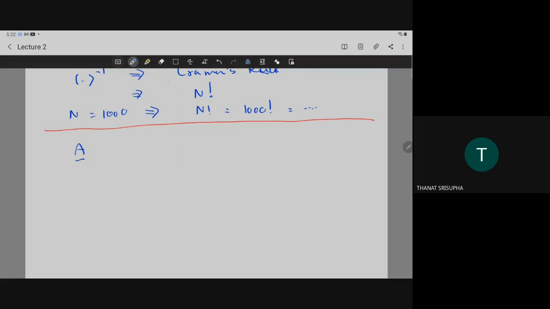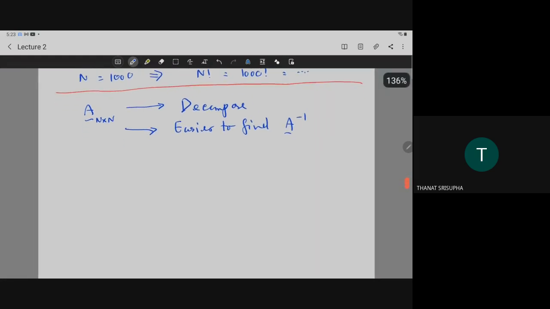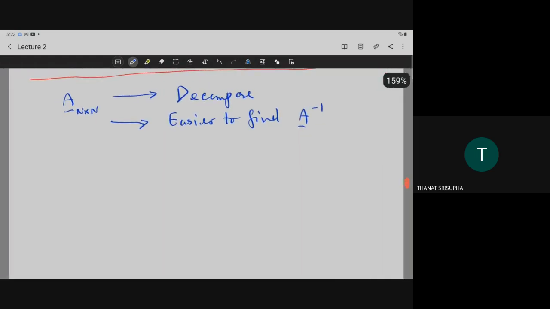For the matrix A, which is large, like n by n, or even m by n, we will try to decompose it so that it is easier to find the inverse than the traditional approach of computing the inverse of A. So that's what we are going to do.